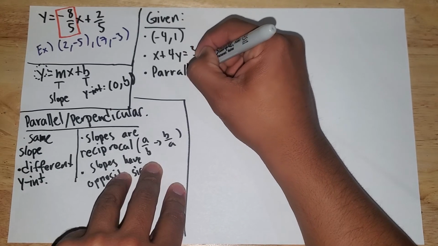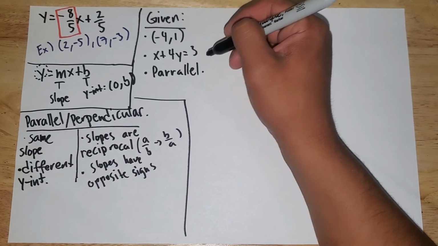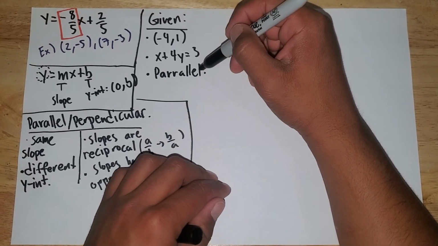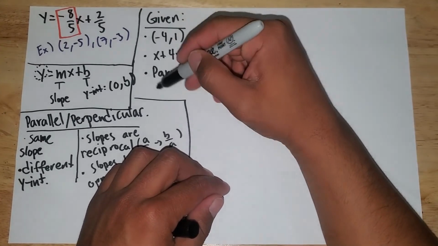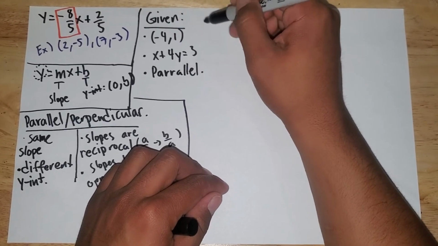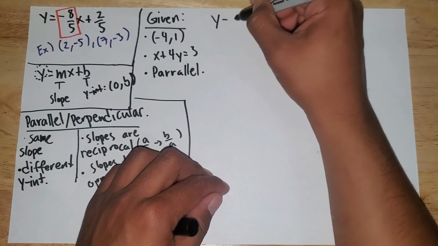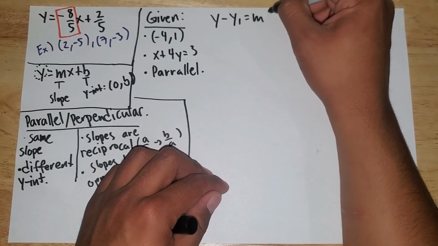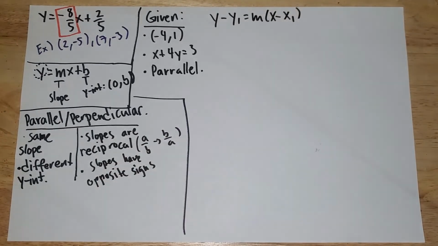So if it has to be parallel, we have to think about this information. Again, this isn't talking about a horizontal or vertical line. It says nothing about slope 0, nothing about an undefined slope. So that means I can use y minus y sub 1 equals m times x minus x sub 1.